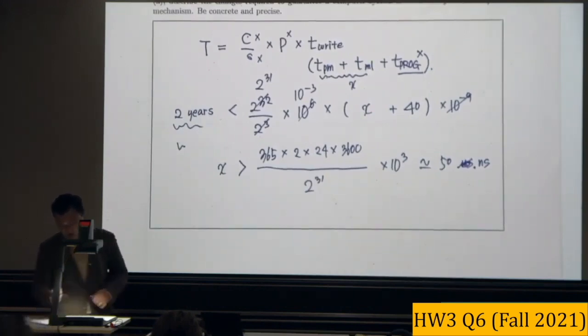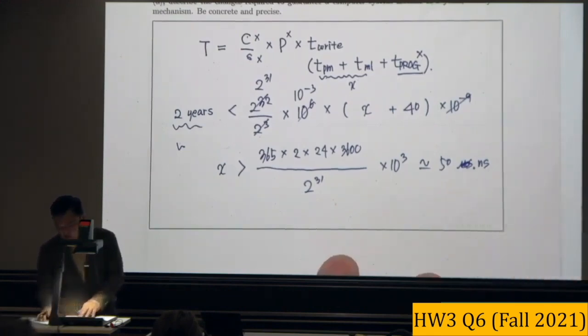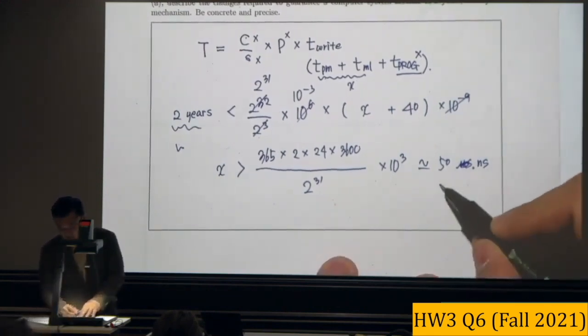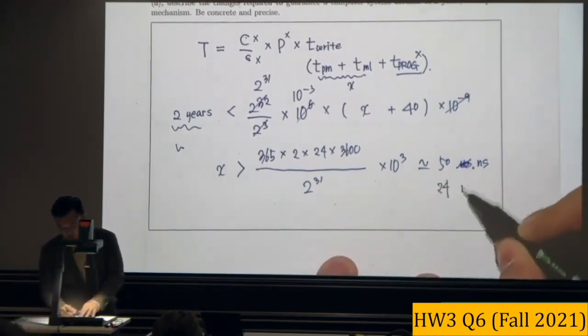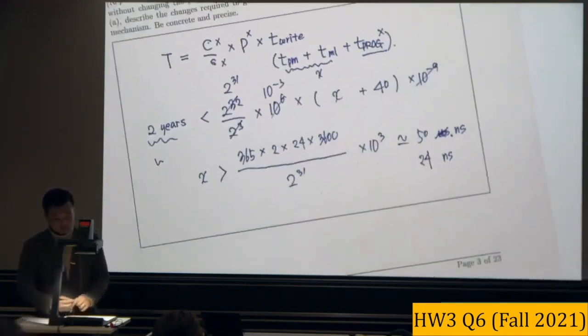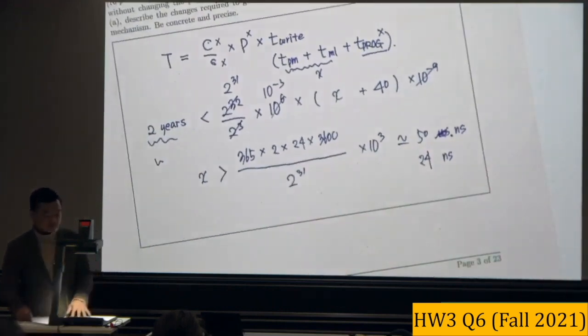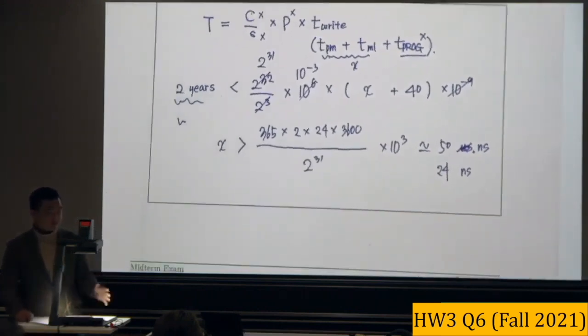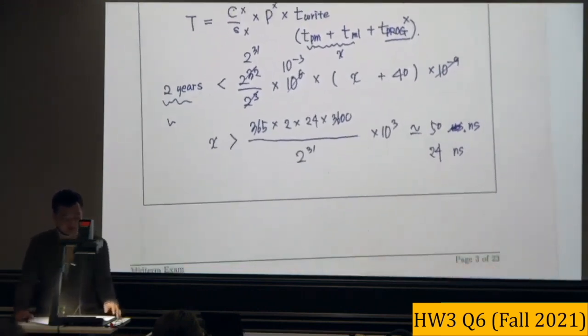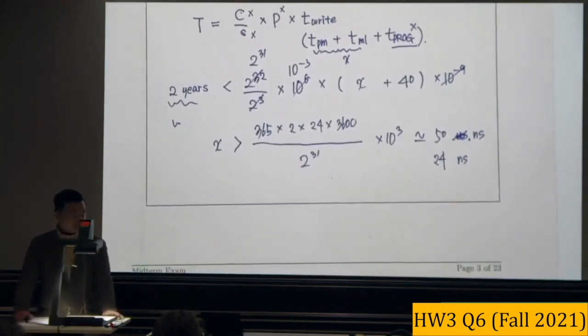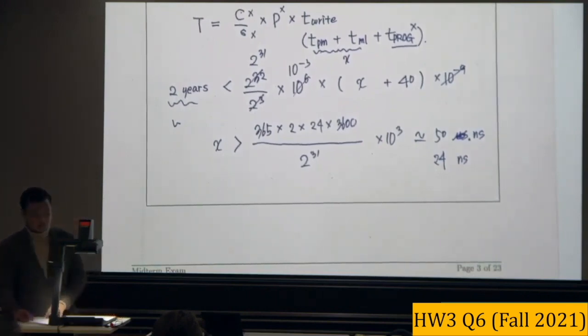Our original transfer time was 24 nanosecond total, so we double the transfer time just for guaranteeing the lifetime of the device, 2 years. Okay, that's all. Any questions for this?